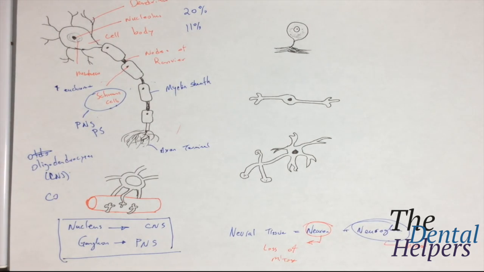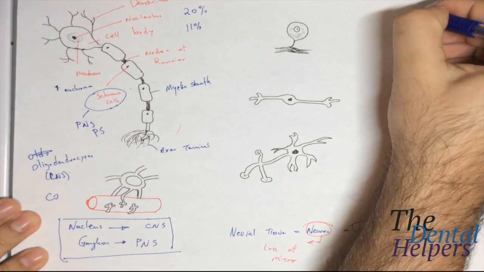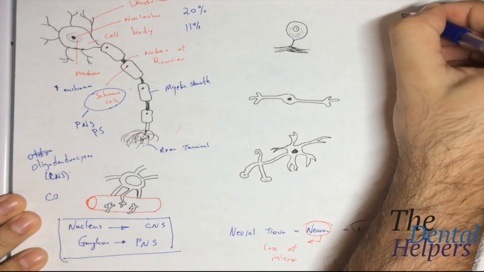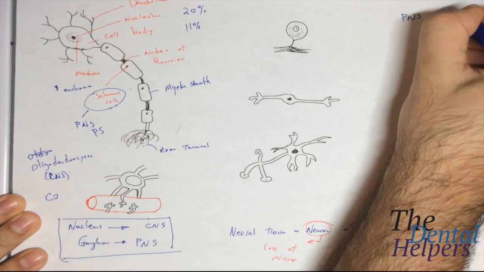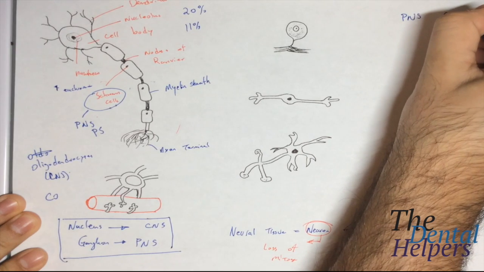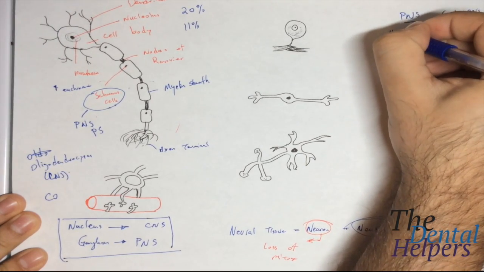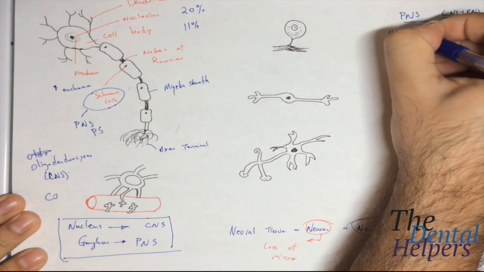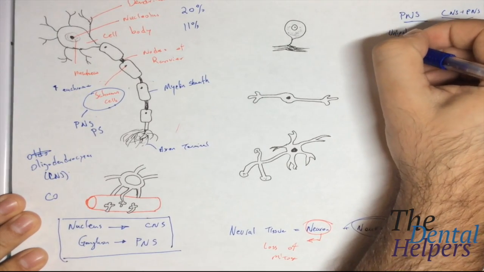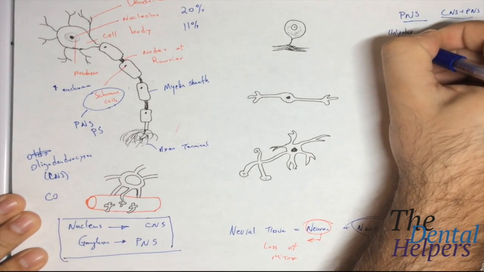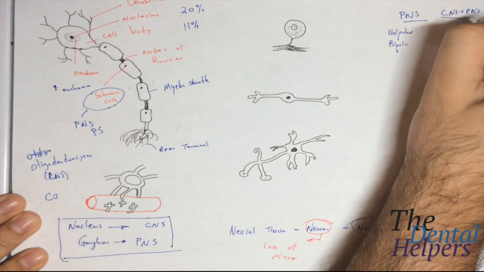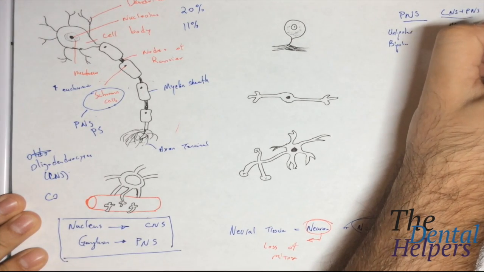So the next thing is, what are the types of neurons that we're going to see? Well, in the peripheral nervous system versus the central nervous system. So in the PNS, we're going to have unipolar and bipolar. In both the CNS and PNS, we'll see multipolar.